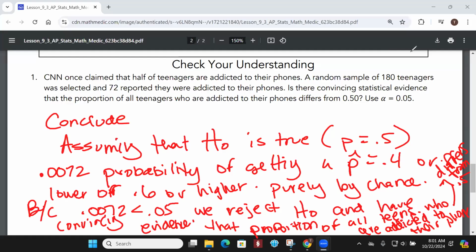Kind of makes sense. So, number 2, a 95% confidence interval for the proportion of all teens who are addicted to their phone is 0.328 and 0.472. Explain how the confidence interval is consistent with the significance test. So, our H0 value is 0.5. Is that in between those two numbers?